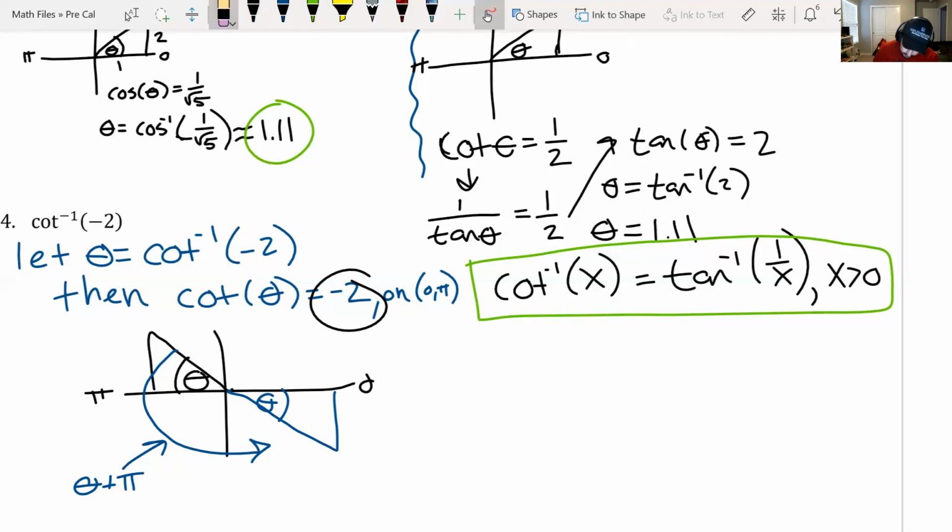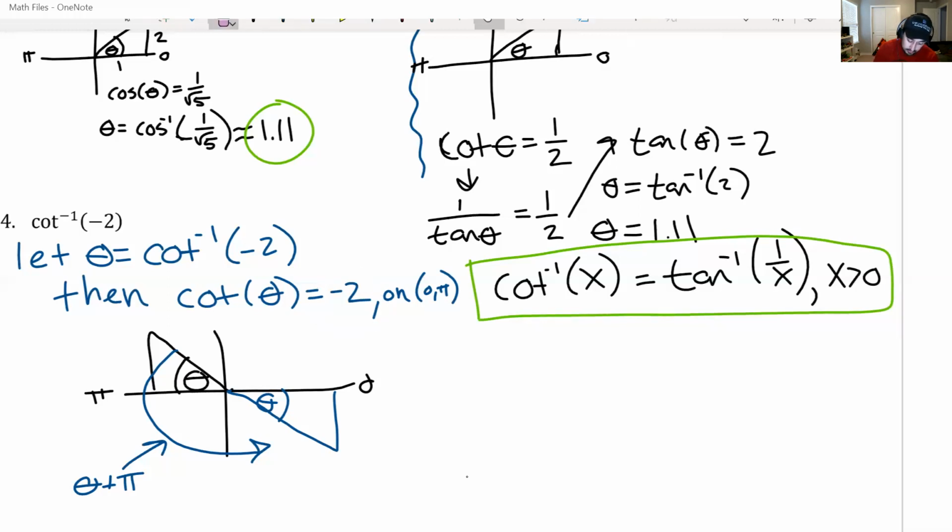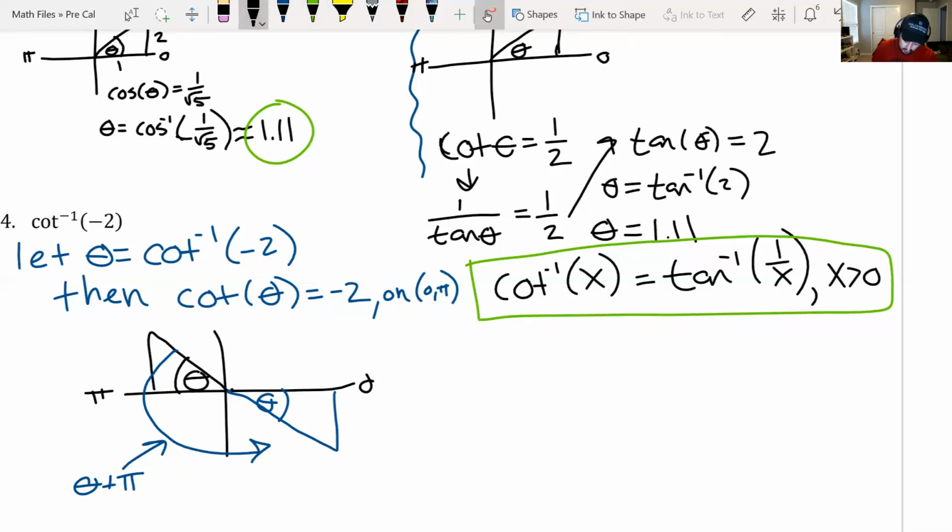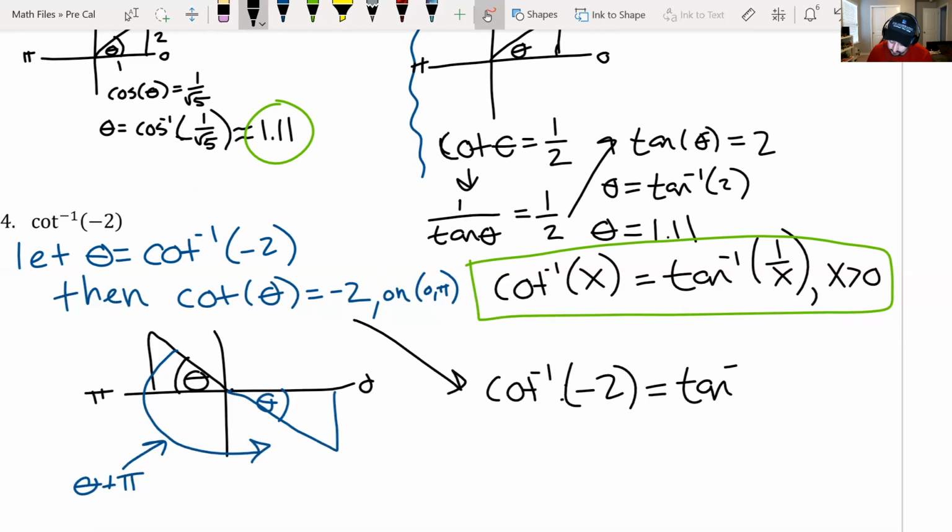So all of this becomes, I get cotangent inverse of -2 is going to equal the inverse tangent of 1/2 plus pi. That's all we have to do.